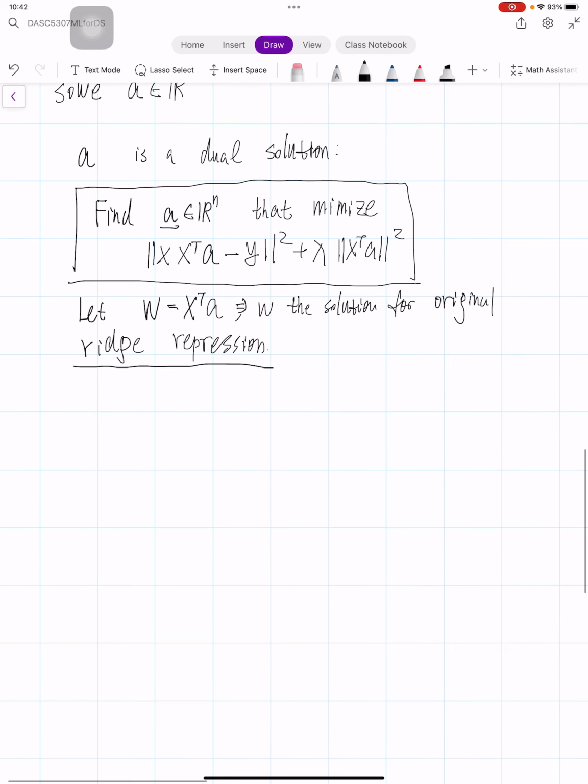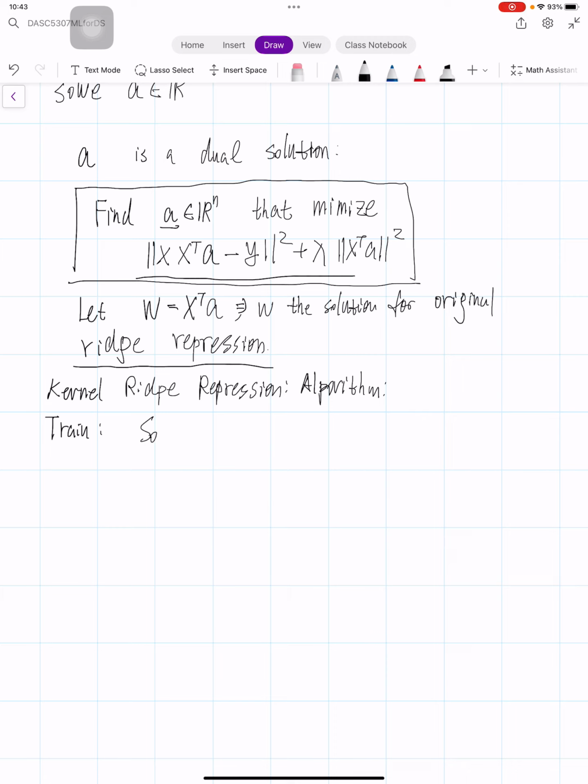And to summarize, when we train the data, the kernel ridge regression algorithm, you solve this. Recall, we also have the closed form solution.